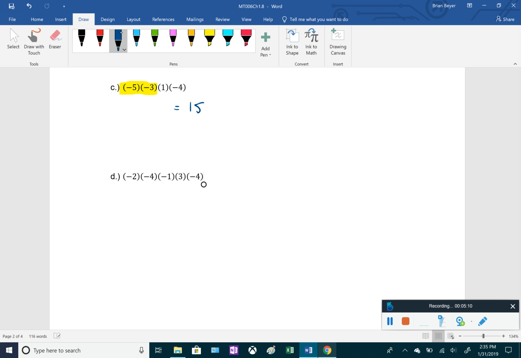Negatives cancel, we get 15. So I'll say 15 times 1 times negative 4. I'm going to do this in one big swoop because multiplying by 1 isn't going to change anything. So I'm just going to do 15 times negative 4. A negative times a positive gives us a negative. 15 times 4 is 60. So our answer is negative 60.